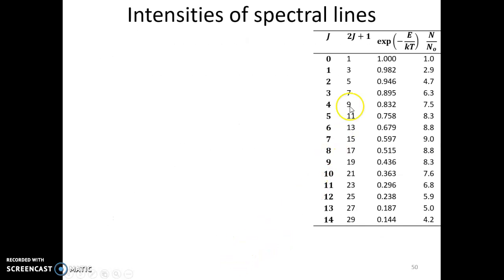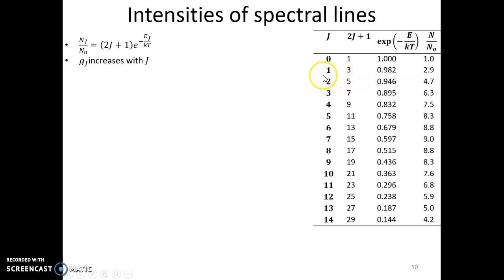So if we look at sample data, we notice that these are the populations as given by Boltzmann. As J increases, 0, 1, 2, 3, 4, the degeneracy increases, which means there are more energy levels available in the upper levels. In the ground state, there is only one level.